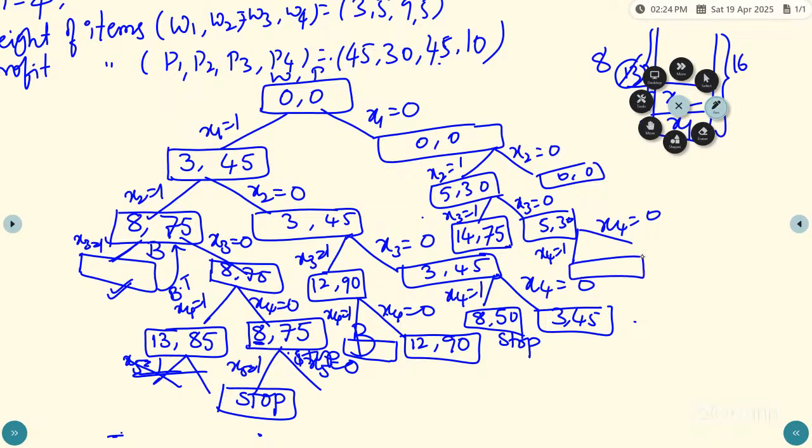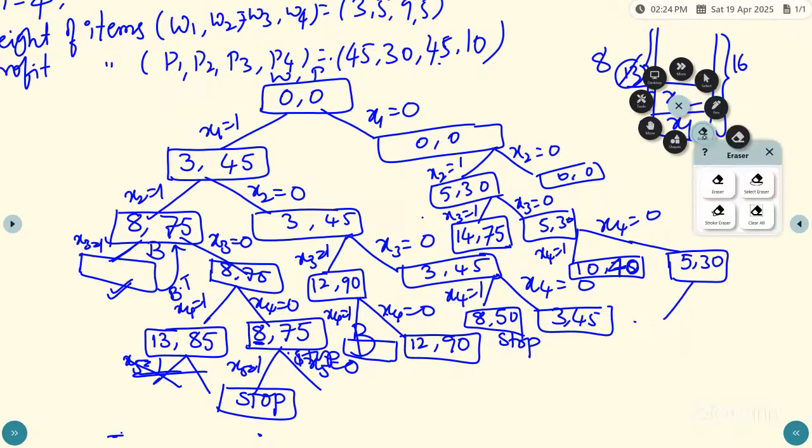If it is selected, the fourth item's weight is 5, 5 plus 5 is 10, and the fourth item's profit is 45, giving 40. Still 6 more units can be placed but there are no items. This is 5 comma 30, and X5 item is not there, so we'll stop here.